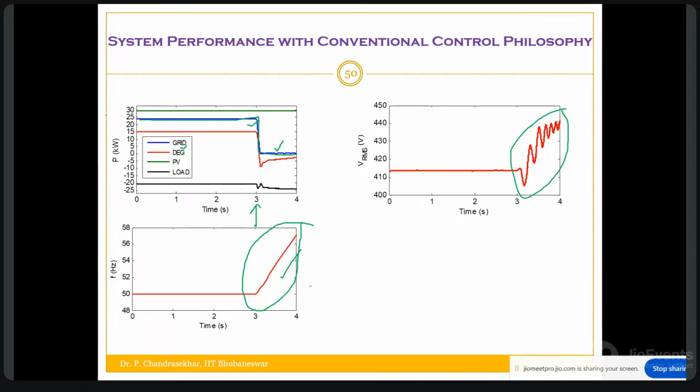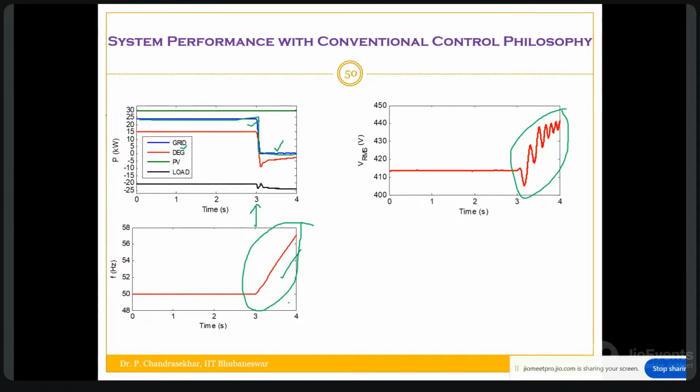Obviously the frequency is going high, the voltage is also going high, and the relay starts operating. Once the relay operates, either some of the loads will get disconnected or some of the generators will get disconnected. If a generator is disconnected, there is a possibility that the system becomes unstable.